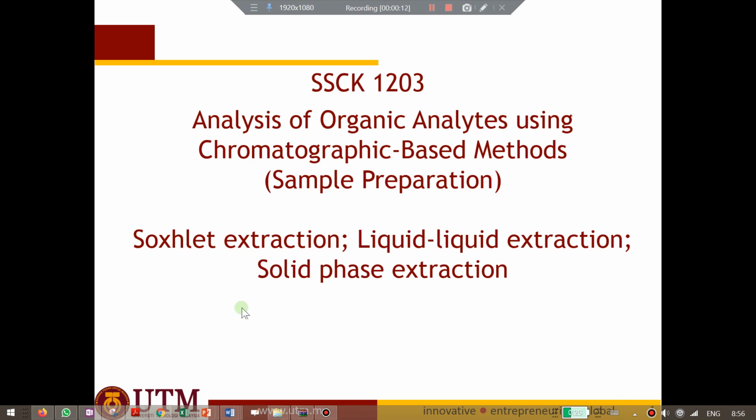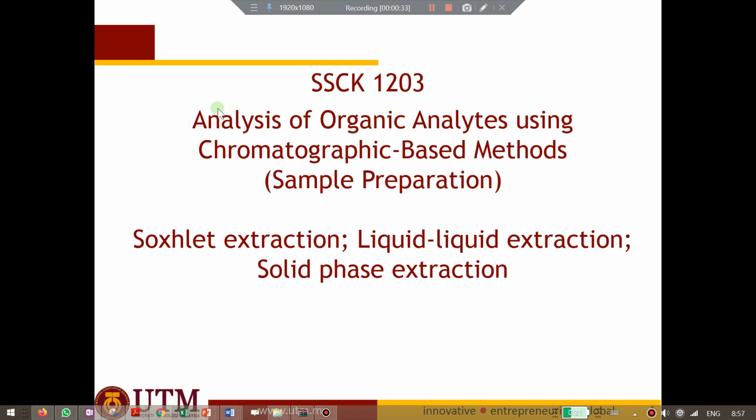Alright, today we learn another topic, which is the analysis of organic analytes using chromatographic based method sample preparation. Okay, chapter kali ni kita belajar untuk, sebenarnya bukanlah untuk analisis.